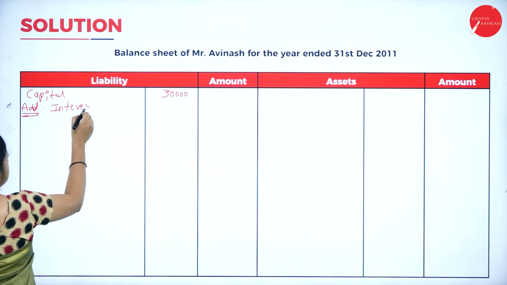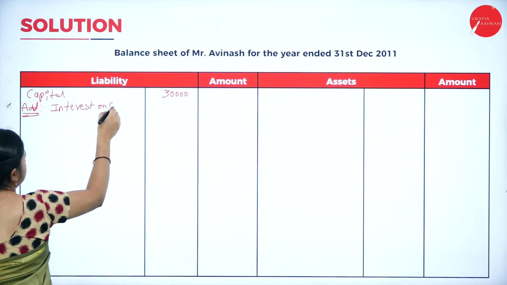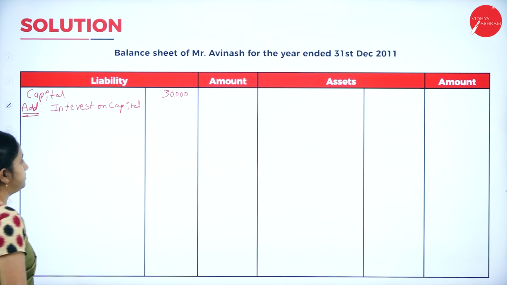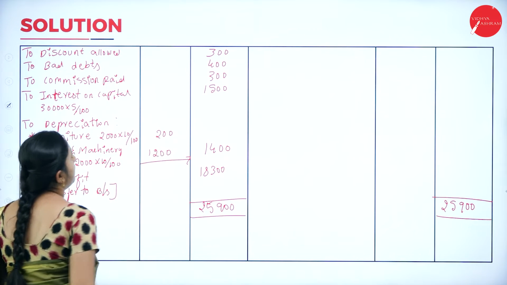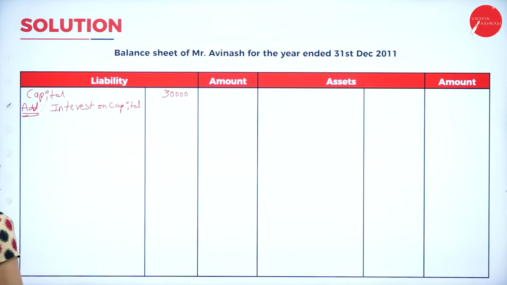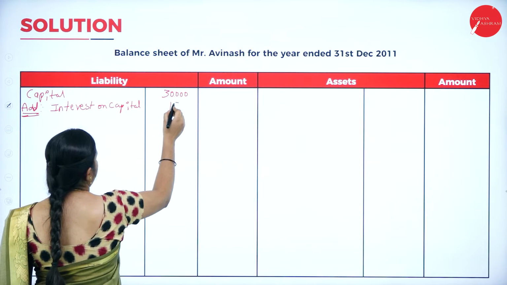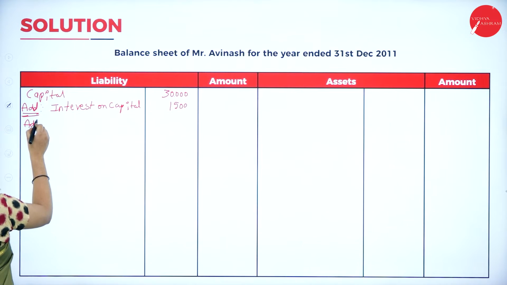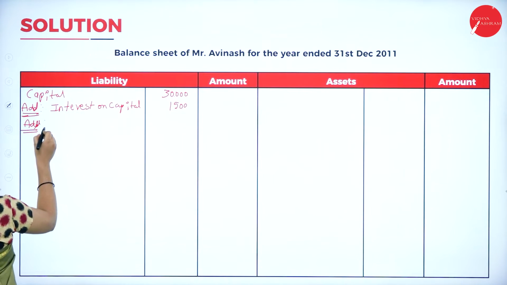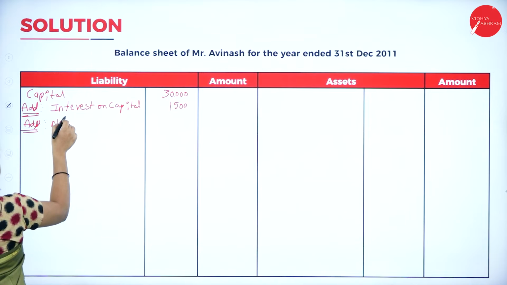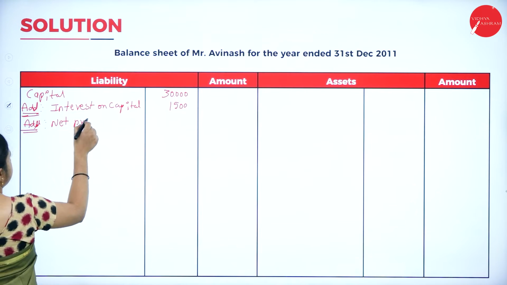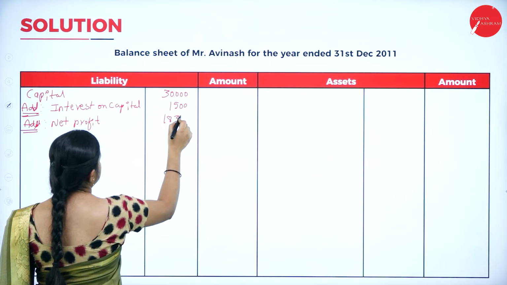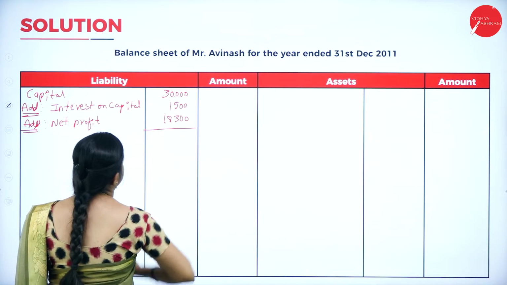Add interest on capital, rupees 1,500. Right? Again, we have net profit. Add net profit. Net profit is 18,300.